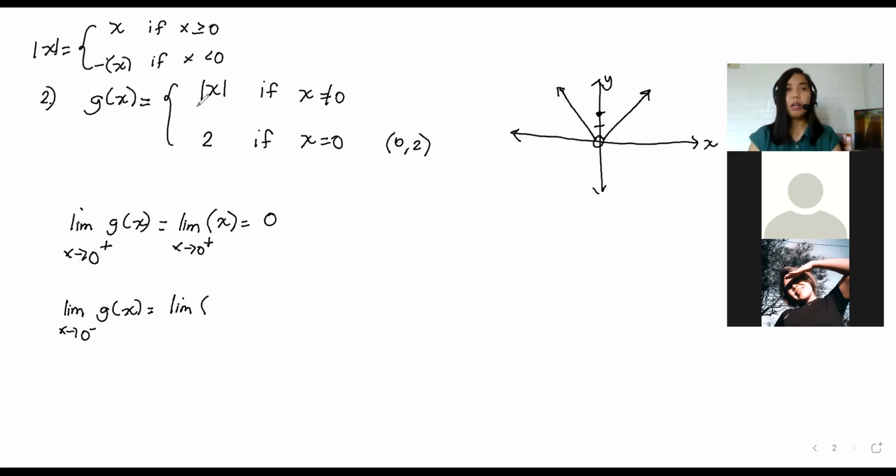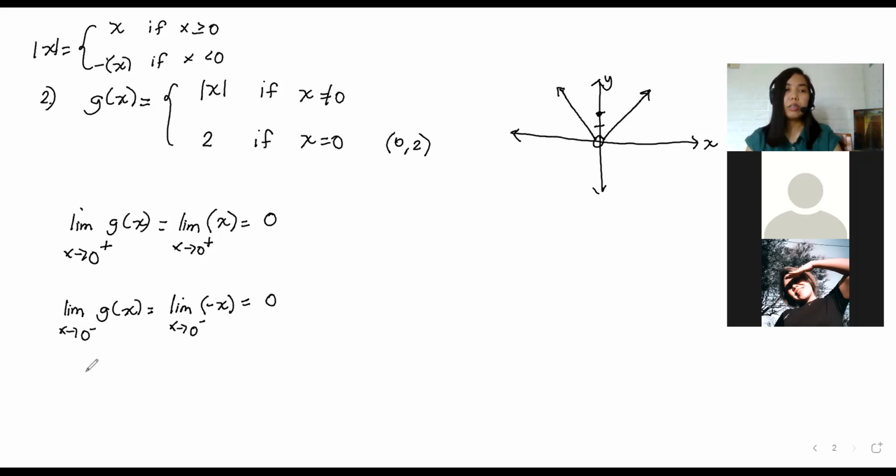This one. But according to the definition, if we have 0 from the left, we're going to choose this one, negative x. The limit of negative x, this is the absolute value, but on the left of 0. As x approaches 0 from the left, still the limit is 0.